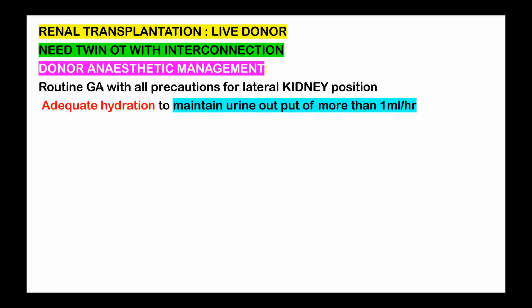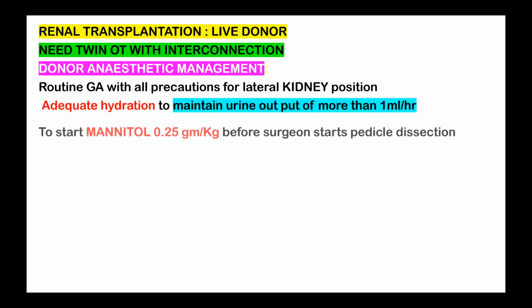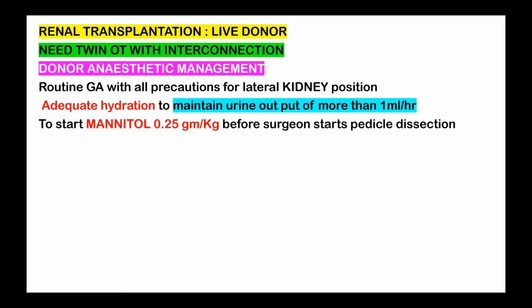Intraoperatively also, you have to adequately hydrate the donor to maintain a urine output of 1 to 1.5 ml per kg per hour. And mannitol 0.25 to 0.5 gram per kg is given when the surgeon starts the renal pedicle dissection, that is, when you start dissecting the renal artery and the vein. That is the time you start the mannitol to keep the kidney in a nice diuretic phase.